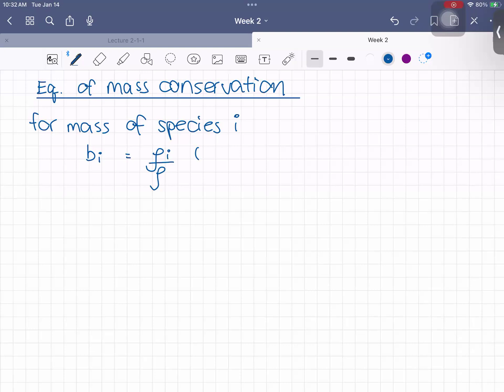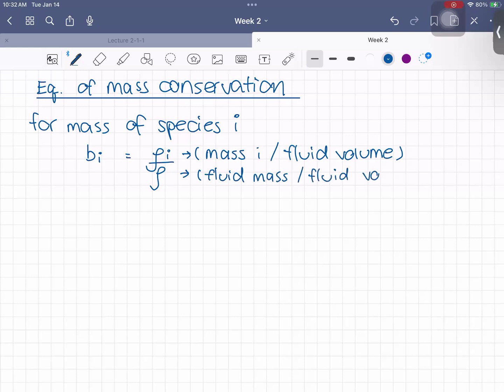So rho_i is defined as the mass i divided by fluid volume, and rho, which is the total density, will be the fluid mass divided by fluid volume.